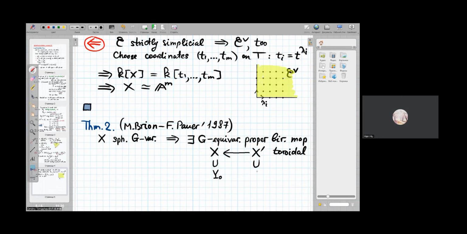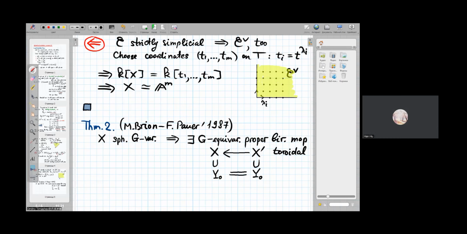So both varieties are embeddings of one and the same homogeneous space. And this birational map just extends the identity map on the open orbit. We have already seen such pictures before. So in other words, every spherical variety is dominated by a toroidal one. This is what this theorem says. Okay?